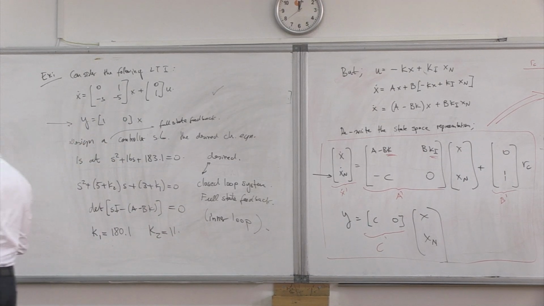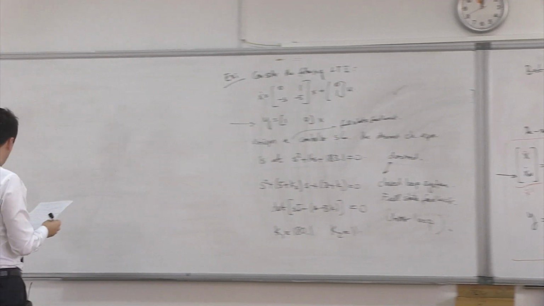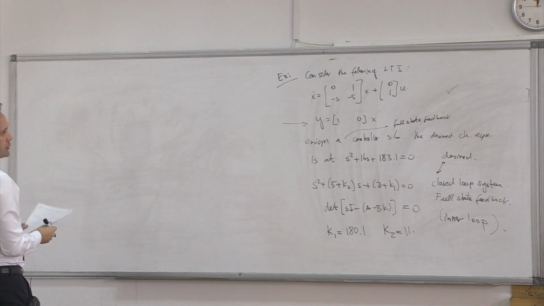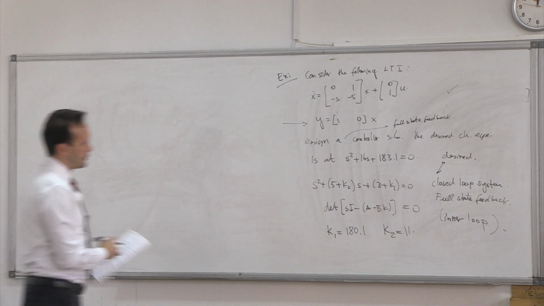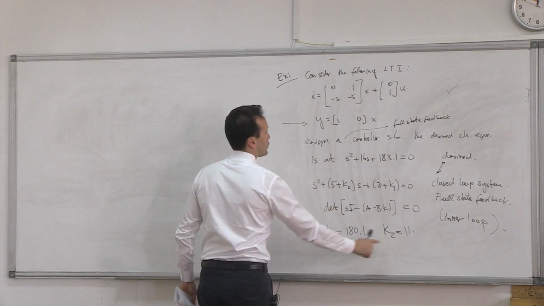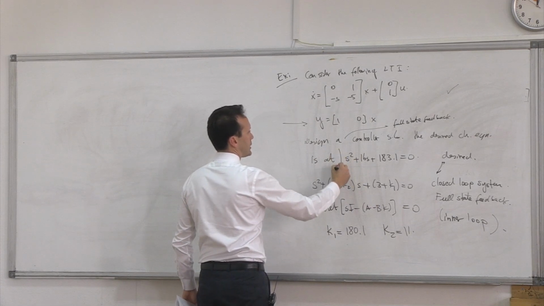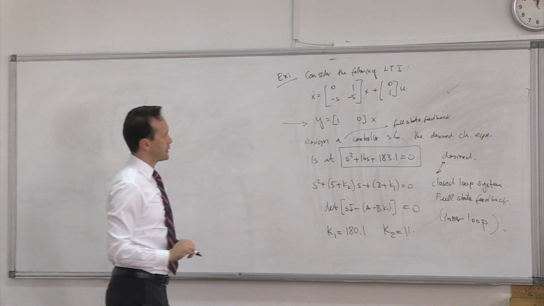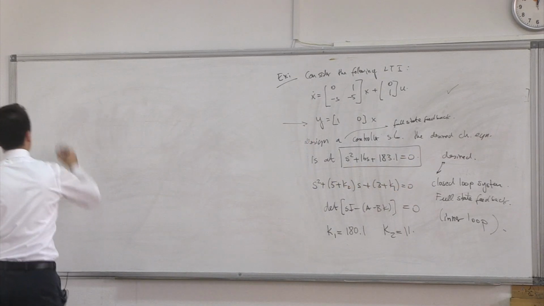Now, the idea is to use the integral controller to do the same, and you will see that these will change. So let's do the same thing. This is the desired characteristic equation, and that will be example 2.